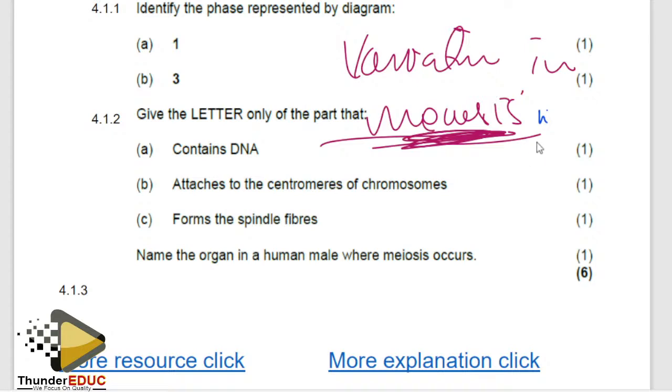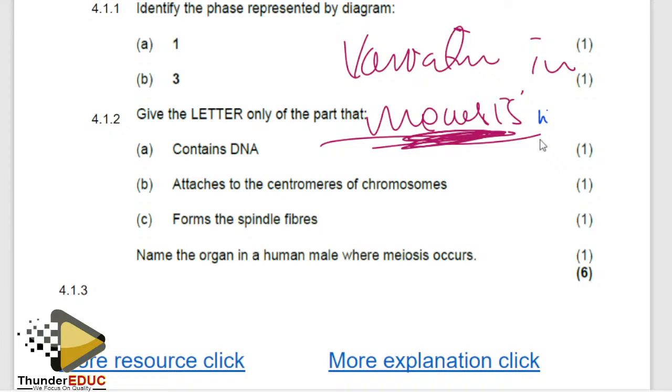Remember, when you talk about crossing over, you are specific to prophase 1, not anything else. You don't talk about something else. That is crossing over during prophase 1, which leads to exchange of genetic material.